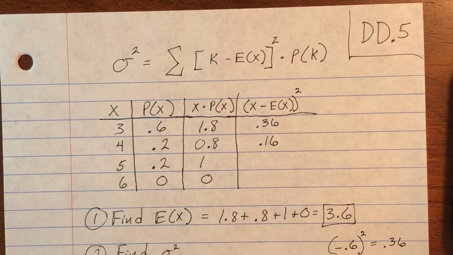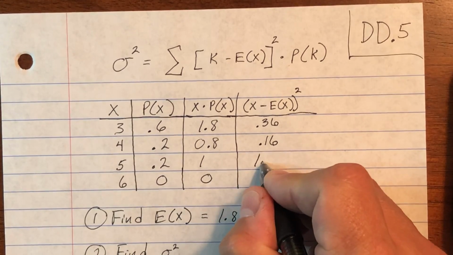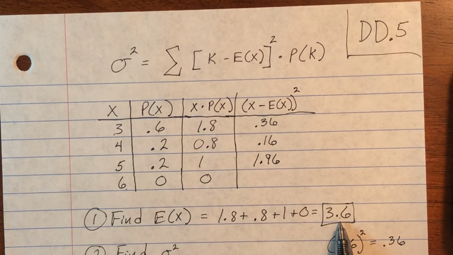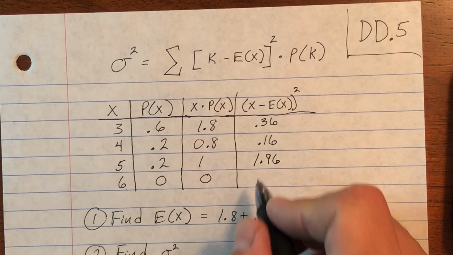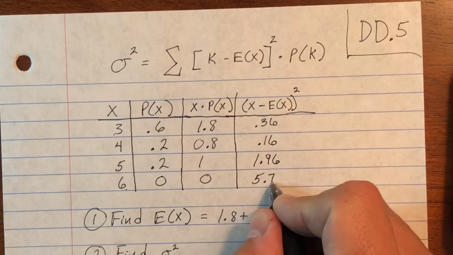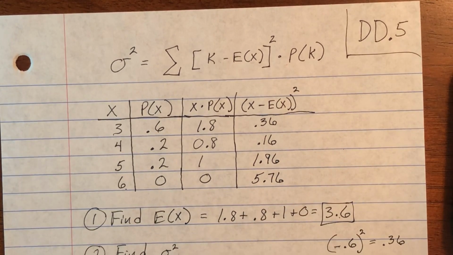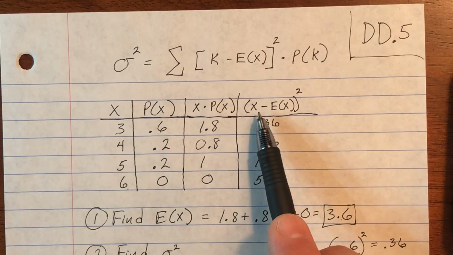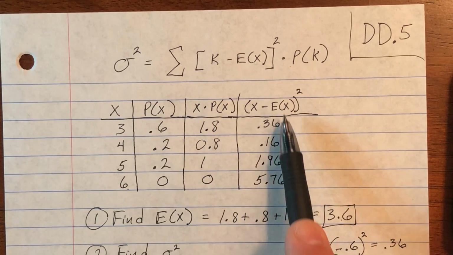And you just keep going. 5 minus 3.6 would be 1.4. 1.4 squared is 1.96. 6 minus 3.6 would be 2.4. 2.4 squared is 5.76. Okay? I'm not going to bore you with bringing in the calculator and typing all that in because you can do that yourself. So now we've actually calculated what each of these values is.